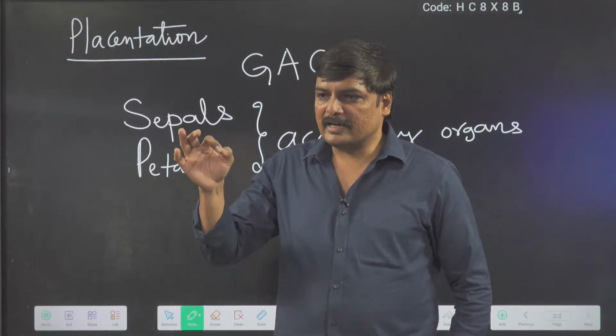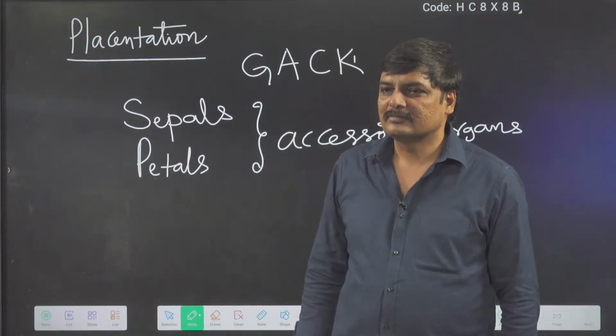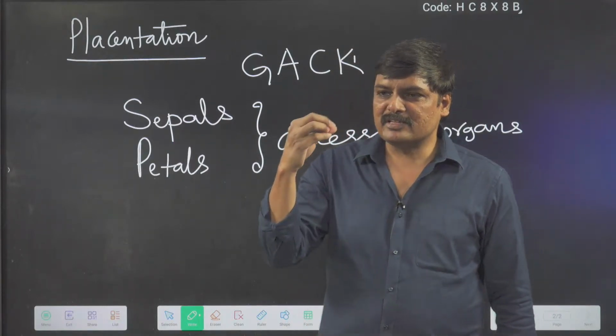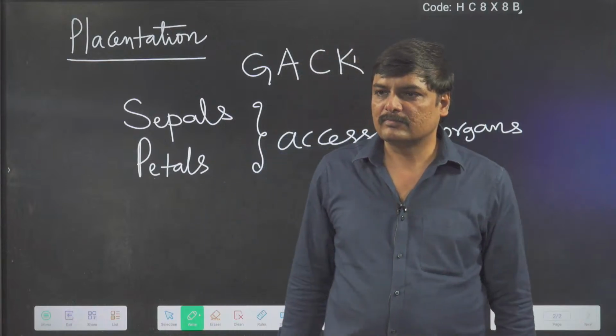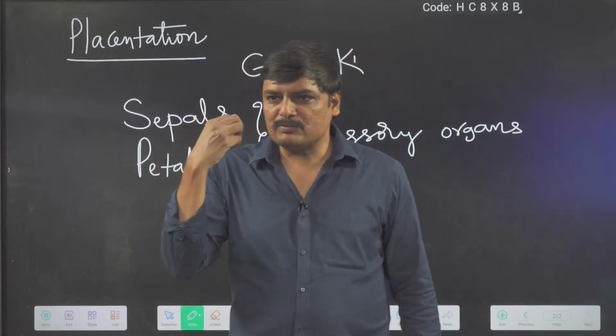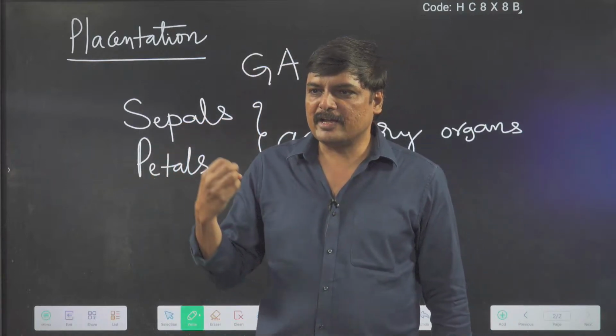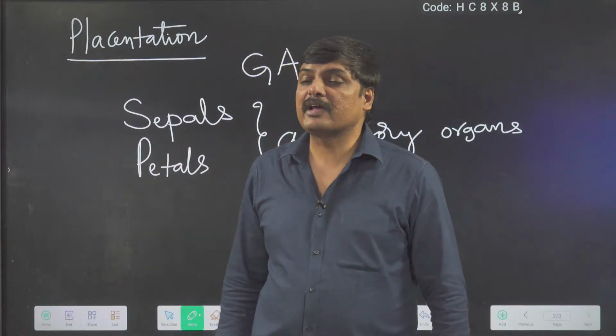Because they are directly involved in sexual reproduction. Androecium is the male reproductive organ. Gynoecium is the female reproductive organ. Understand? Androecium produces male gametes. Gynoecium produces female gametes. That is why they are essential organs of a flower.